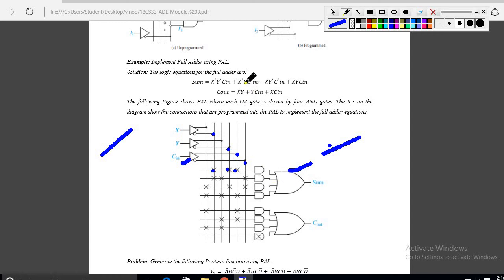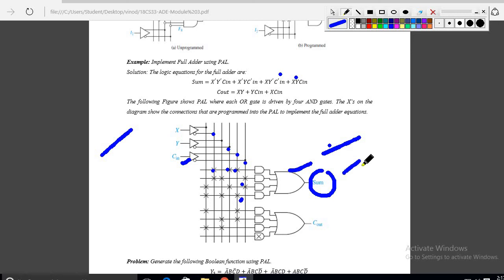Here the second term I am connecting: X bar, Y, Cin bar. We have to connect the third and fourth terms also. So this will represent the sum value: X bar Y bar Cin plus X bar Y Cin bar plus X Y bar Cin bar and X Y Cin.